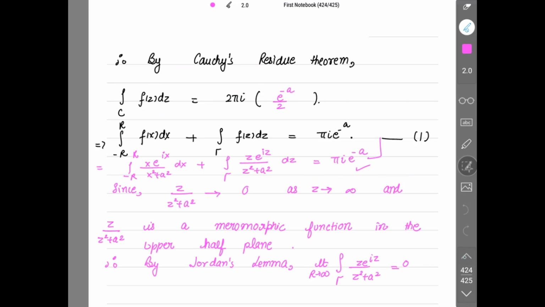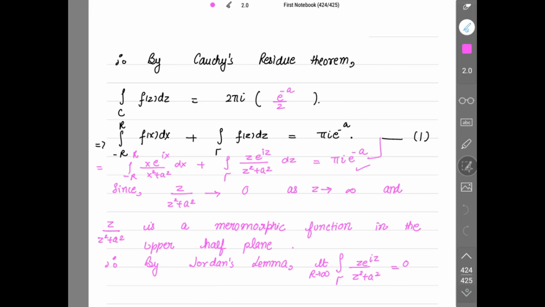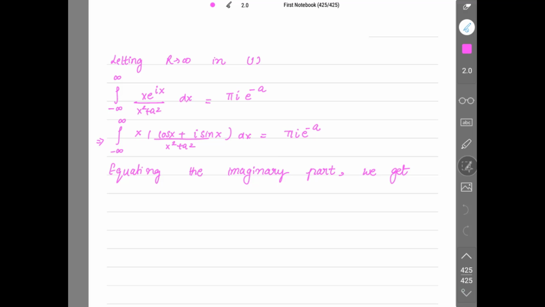Now you have to remember that in the given integration, I have sine of x. So I have to equate either the real part or the imaginary part. Because I need sine x, I have to equate the imaginary part.